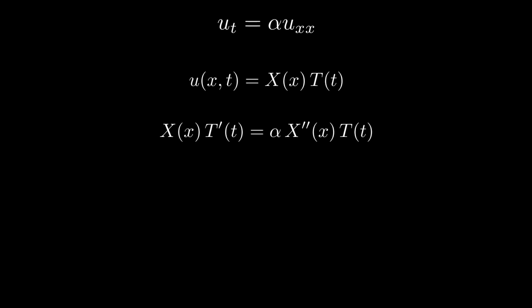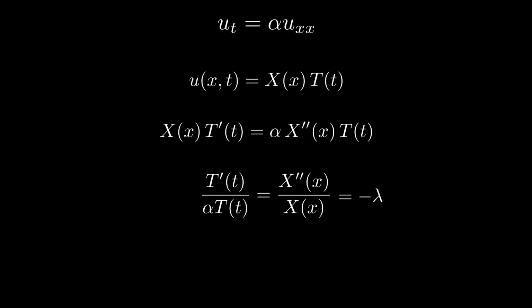So we substitute this into the partial differential equation and divide by this factor, which gives us separable variables and introduces the separation constant negative lambda. This gives us two ordinary differential equations, one for the spatial component, x, and one for the temporal component, t.